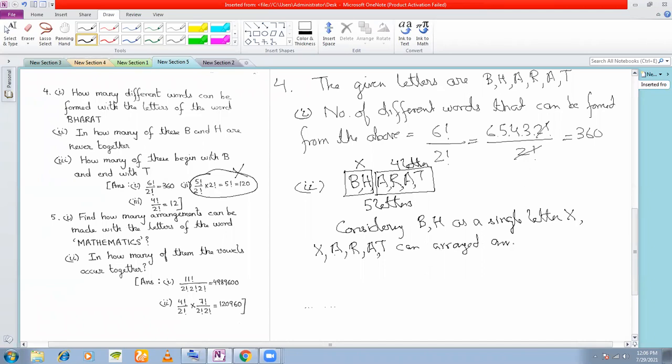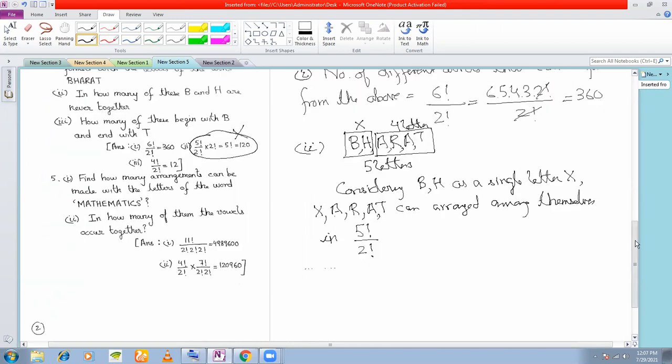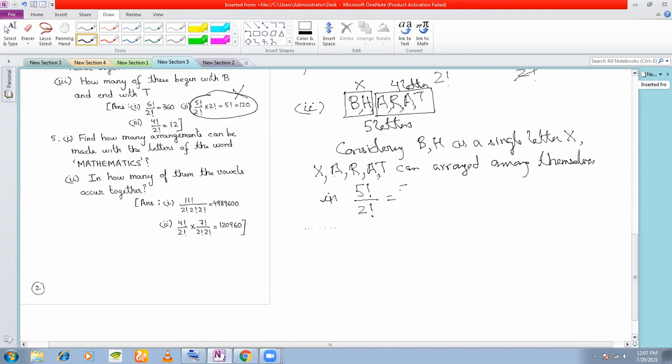among themselves in how many ways? In how many letters? 5 letters, right? Out of which 2 are repeated. So I have factorial 2, right? So let's keep it here. Or you can calculate also. 5 into 4 into 3 into factorial 2 by factorial 2. Let's cancel, so you get 60. Fine.